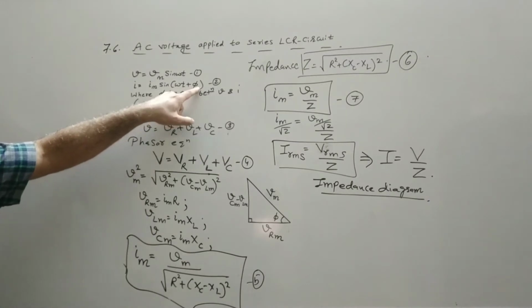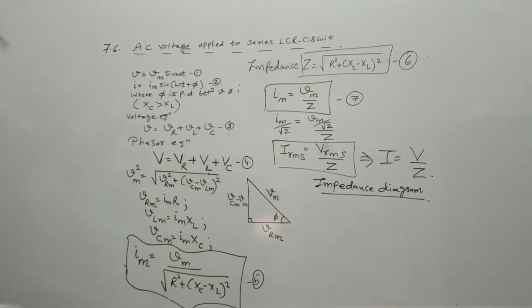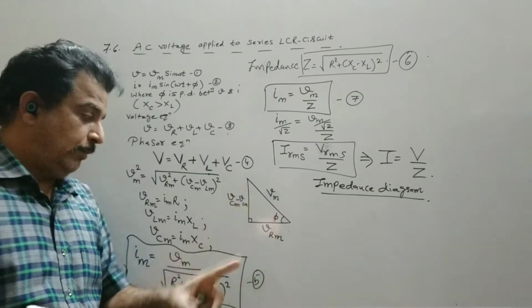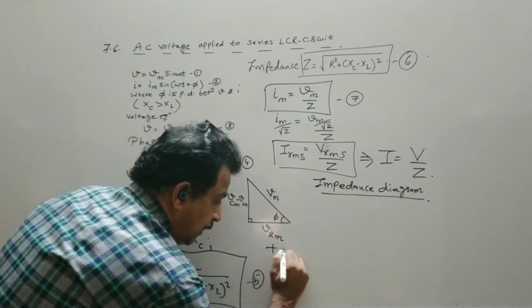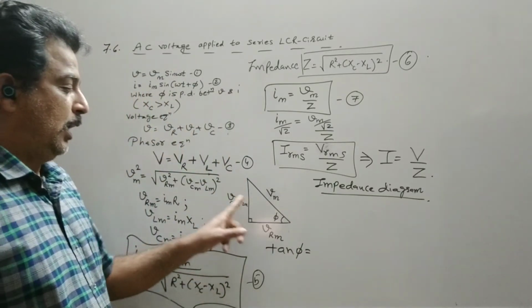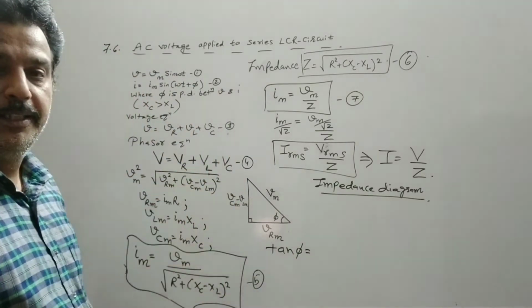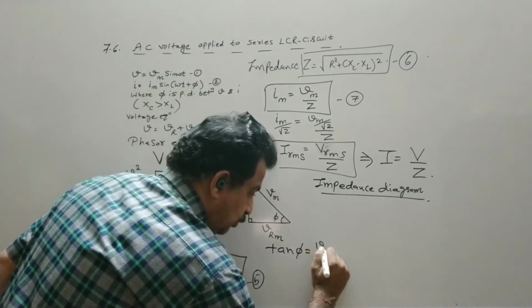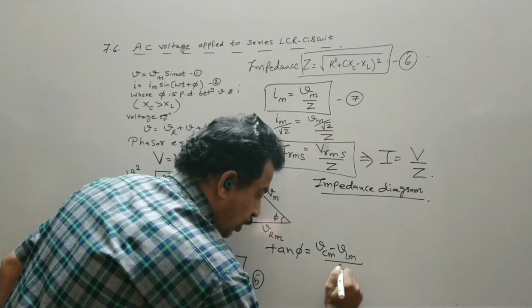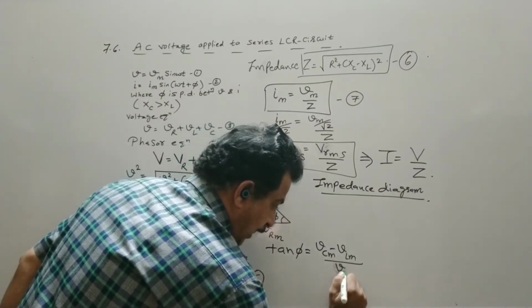We have not yet found the phase difference, so the phase difference can also be found from this diagram. From this diagram, I can write tan phi is equal to opposite upon adjacent, that is (VCM minus VLM) upon VRM.